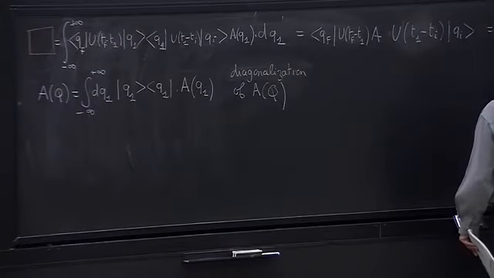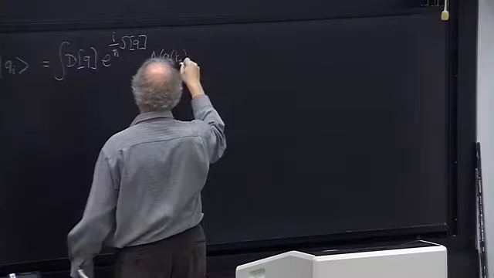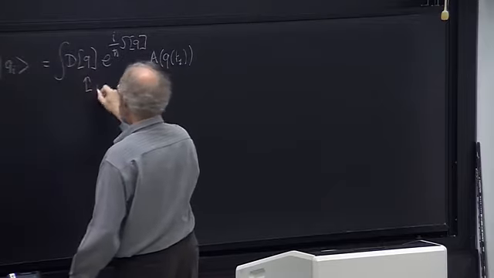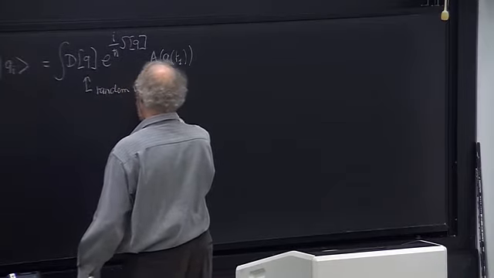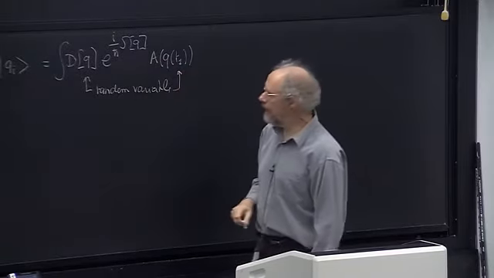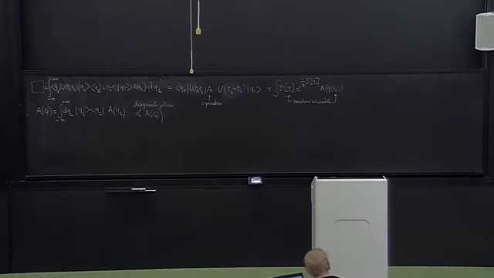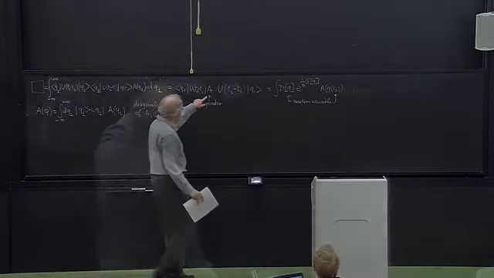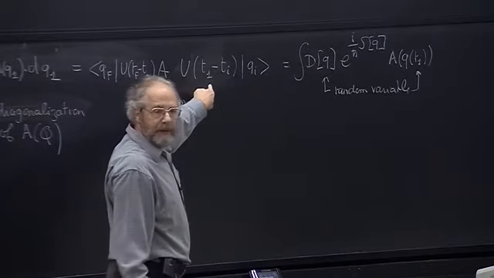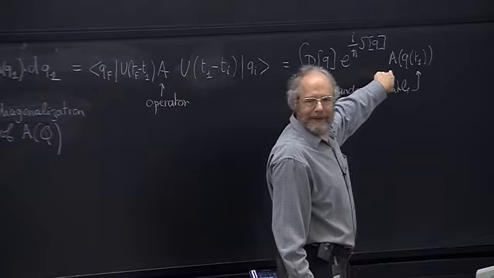Okay? So this is given by this path integral: the integral D of q, e to the i over h bar S of q, times A of q of t1, where here q is a random variable because you integrate over all possible values of q. So q of t1 is a random variable, and here capital A is a quantum operator. You can represent in the path integral the insertion of an operator at a given time t1 by just inserting a classical but random variable in the path integral.